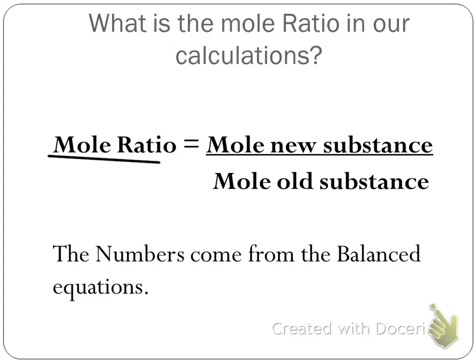Now, just to give a simpler version of how we usually would talk about it, or what you'll hear me say a lot, is your mole ratio, and I'm just going to abbreviate MR, equals moles you want divided by moles you have.